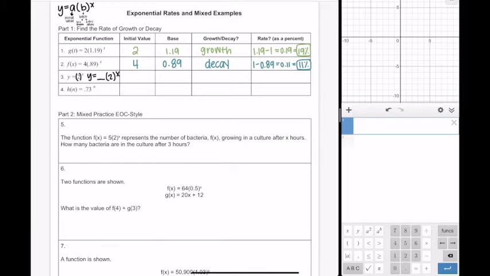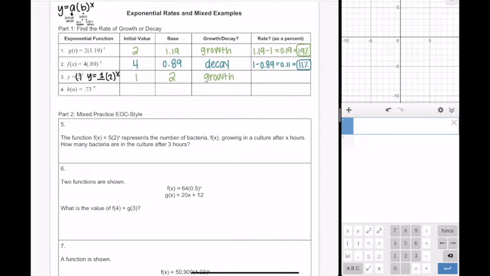Well, just like if you don't have a number in front of a variable, we understand that it is a 1. So our initial value is 1. The base, like we just saw, is going to be 2. Since that base of 2 is greater than 1, that's going to be growth.